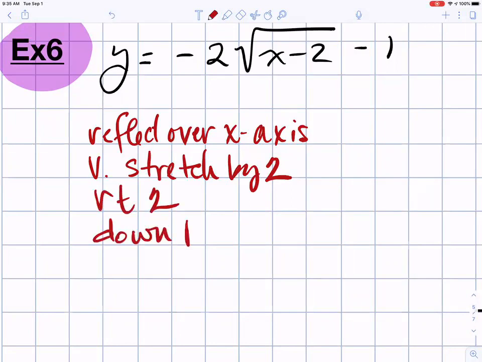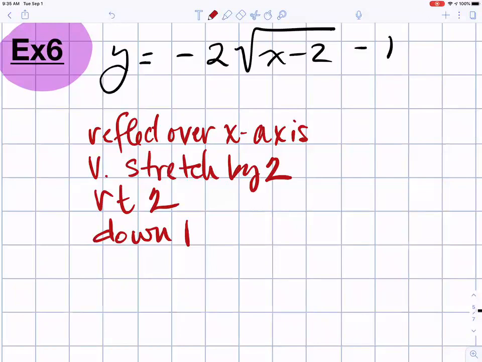Okay, so what I'm going to do here for getting my graph is pay attention to the bottom 2 guys first. Now Reed's already told me what kind of shape it is. It's the swoop. He didn't say that, but that's what he kind of motioned with his hand. So let's take our swoop and move it to the right 2 and down 1.